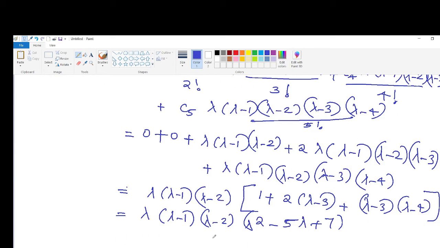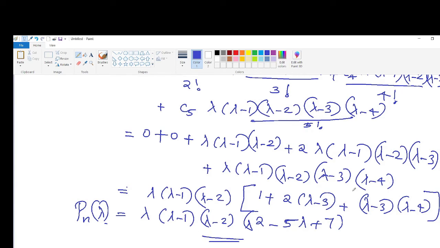Now this is our Pn of lambda. So Pn of lambda gives us the number of ways of properly coloring the graph using lambda or fewer number of colors. Here the presence of the factors lambda minus 1 and lambda minus 2 indicates that G is at least 3 chromatic.